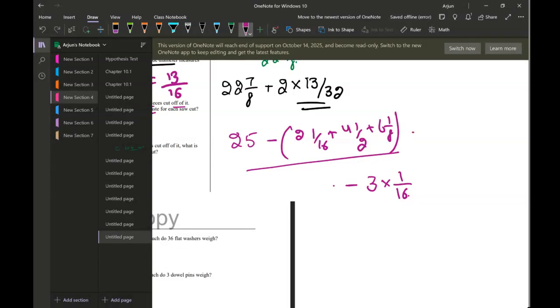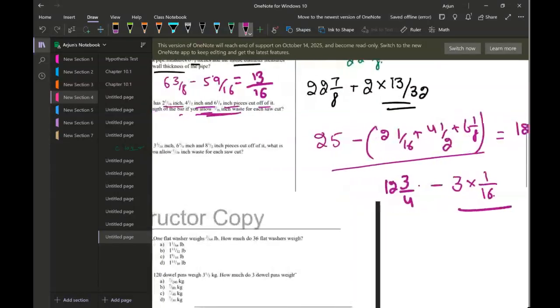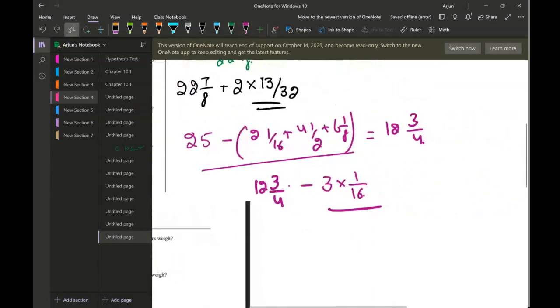That's going to give you the value as 12 3/4, and 12 3/4 minus 3 1/16, because that is the cut. So 12 3/4 minus 3 times 1/16. That's going to give you the answer as 12 9/16.